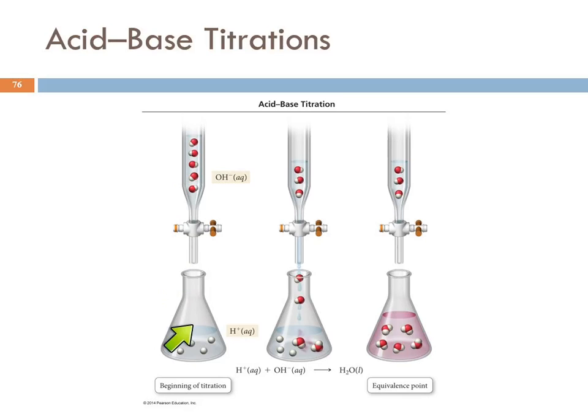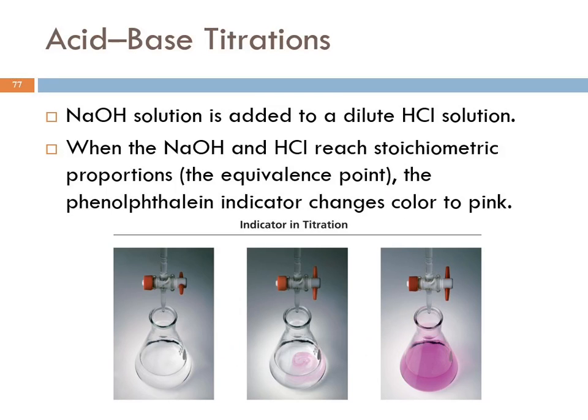So we add the hydroxide ion to this solution, and as the hydroxide ions are added, they will neutralize the hydrogen ions that are present in the acid. When we get to the equivalence point, we've neutralized all of the hydrogen ions. There aren't any left, and that causes a shift in the acidity of the solution and causes the indicator to change color. And we see that color shift, and we know to stop.